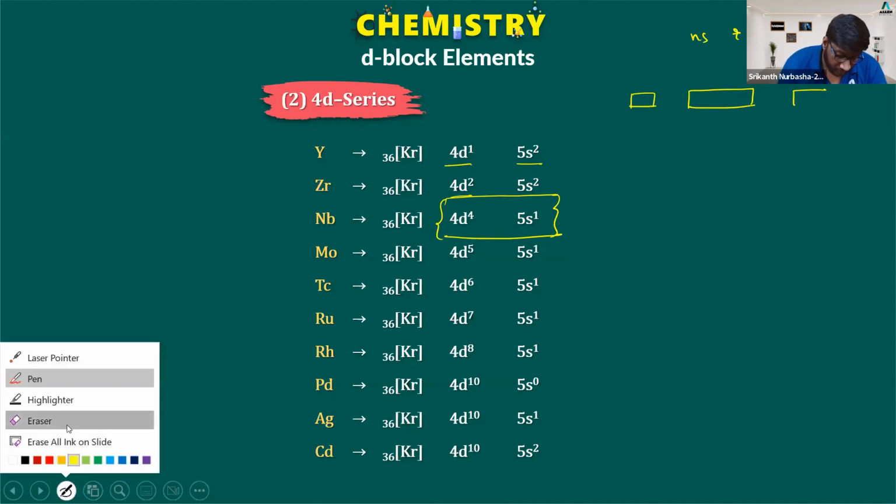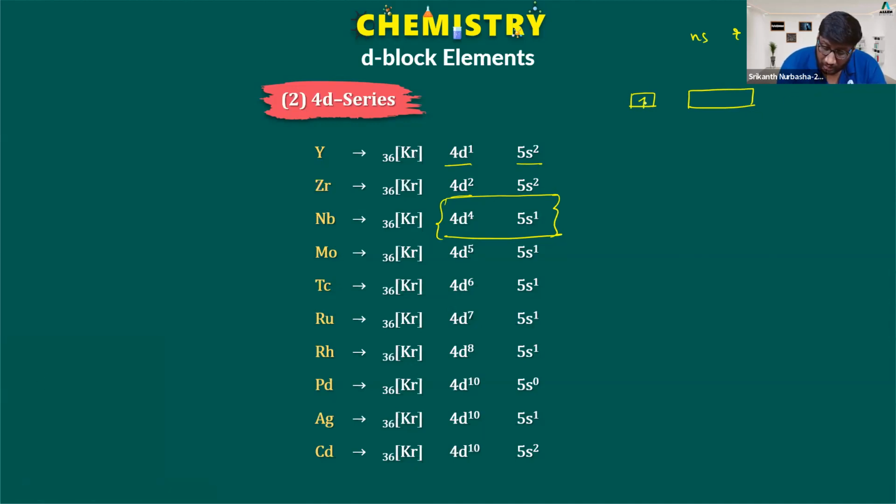Yes or no? You have two electrons. So you can write 4d3 5s2 for niobium, and also you can write 4d4 5s1. The correct electronic configuration is 4d4 5s1.